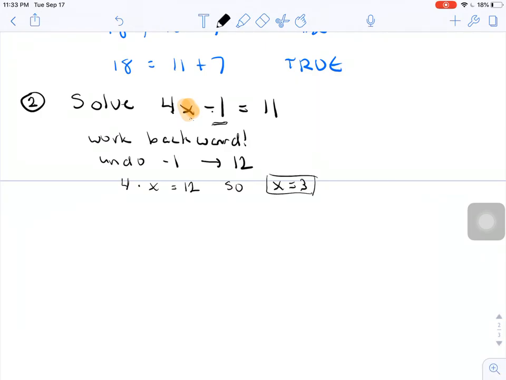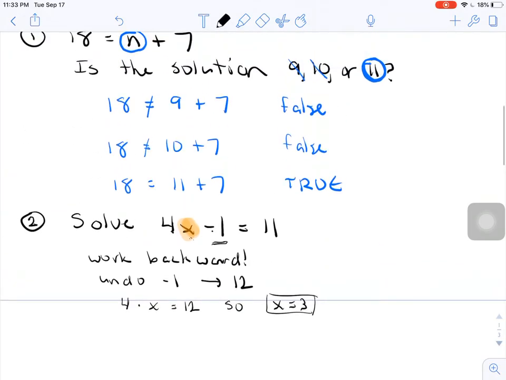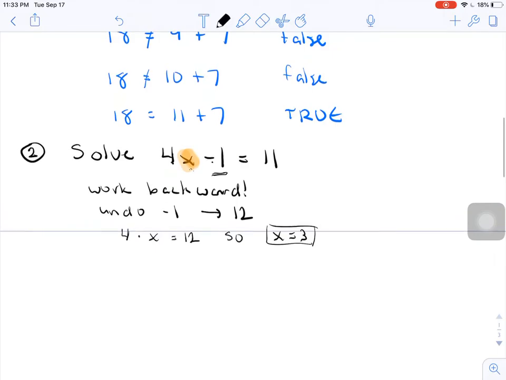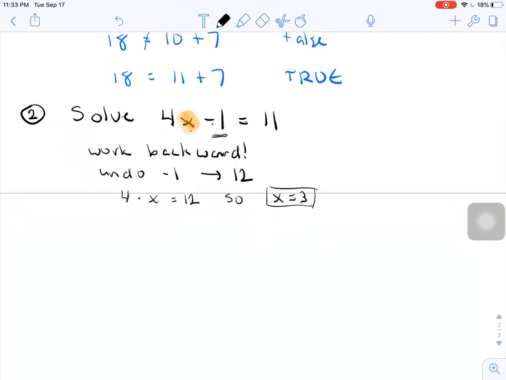So that's the solution. So if you are given different options to try, like you were in example 1, you can test each of them out to figure out which one works. If you're not given possibilities, you can still find the answer informally by thinking about what you do to your variable to get to your answer, and then working backwards through that process.